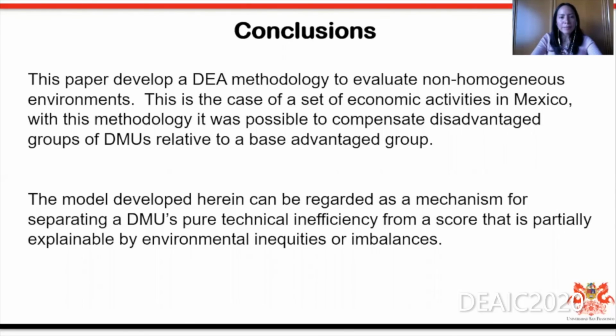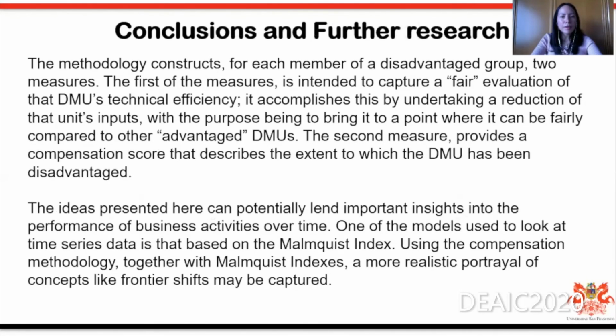The next slide. The model developed here can be regarded as a mechanism for separating a DMU's technical efficiency from a score that is partially explainable by environmental inequities or imbalances. The methodology constructs two measures for each member of a disadvantaged group.